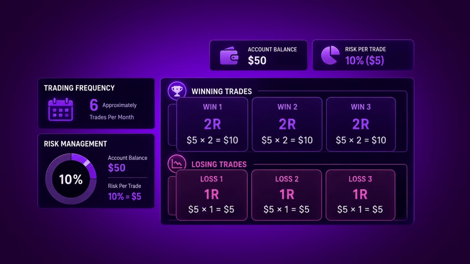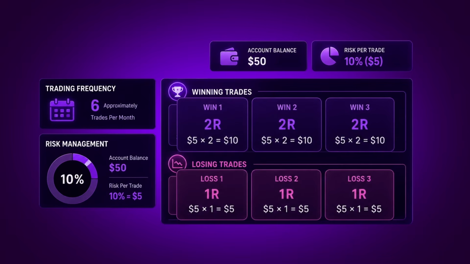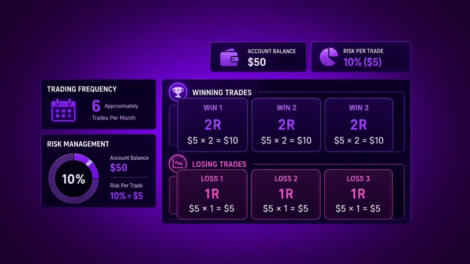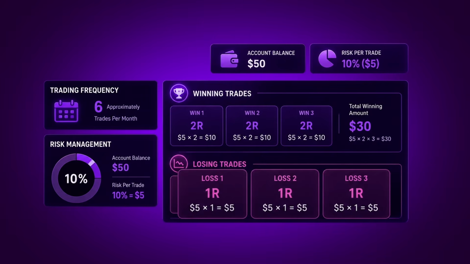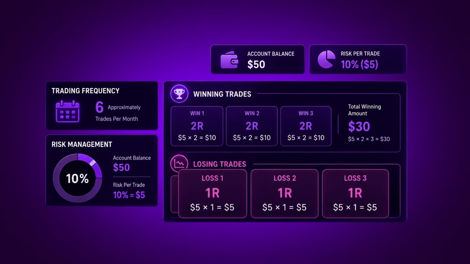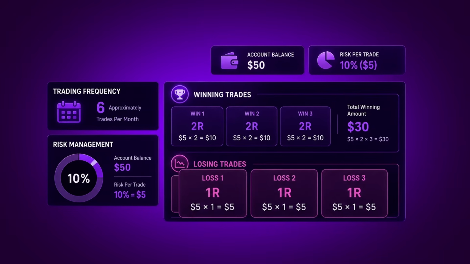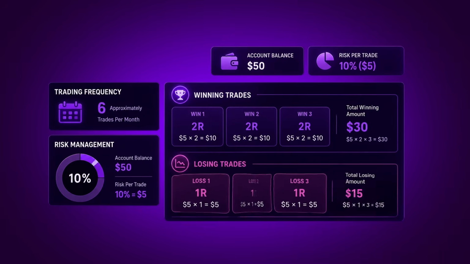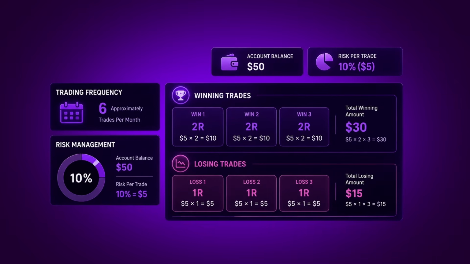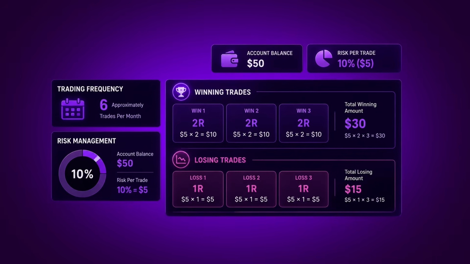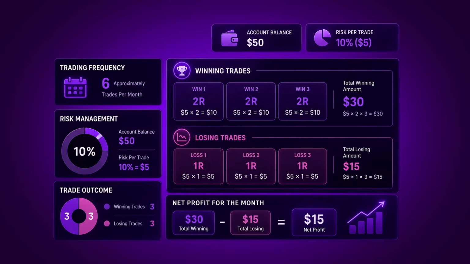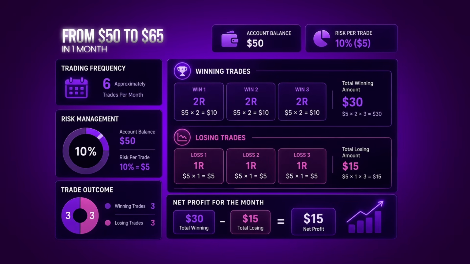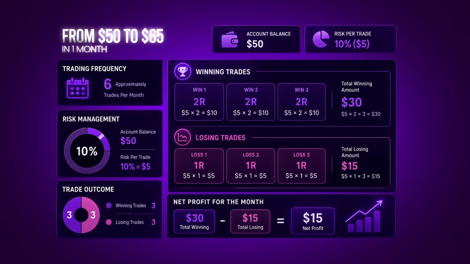So for the 3 trades you won, it is 5 times 2 times 3, which is $30. The losing trades are 1 times the risk. So for the 3 of them, it is 5 times 1 times 3, which is $15. So your net profit for that month is $15, which means for that month, you've grown your account from $50 to $65.